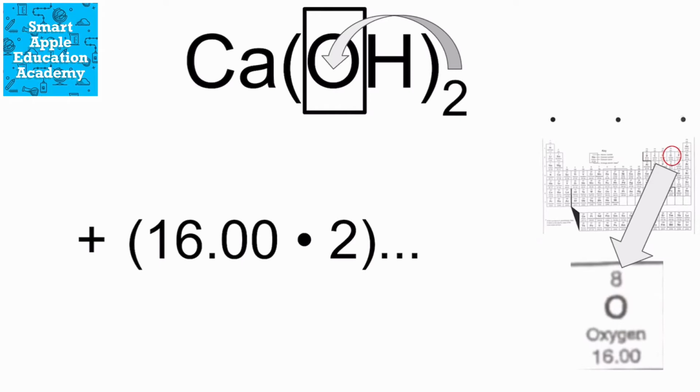So we're going to multiply those 2 subscripts together, 2 times 1, or 1 times 2, and that equals 2. So there are 2 oxygens. Now we're going to take that 2 and multiply it by 16. So now we have 16.00 times 2 in parentheses. So overall we have 40.08 times 1 in parentheses plus 16.00 times 2 in parentheses, and we still have more to do.